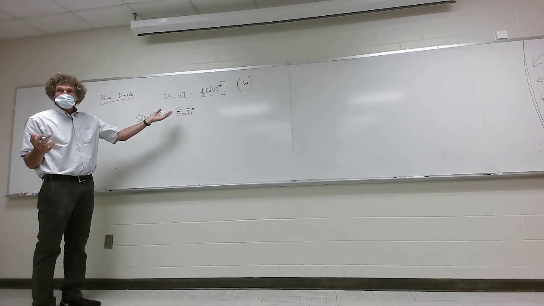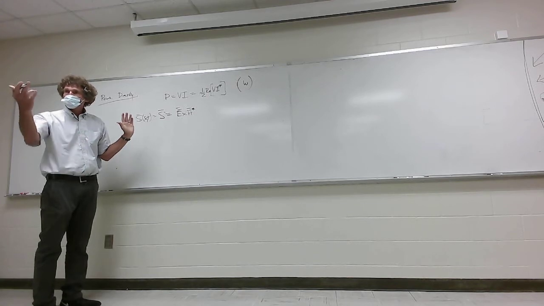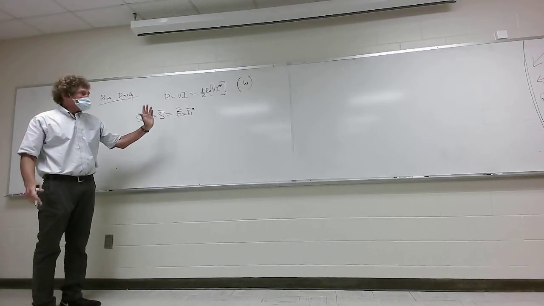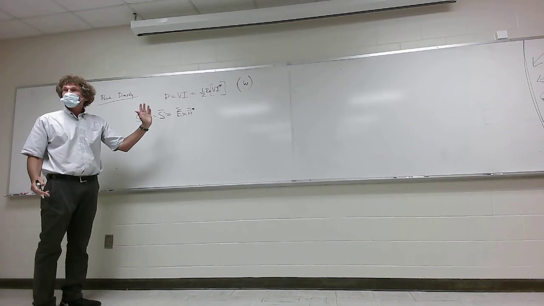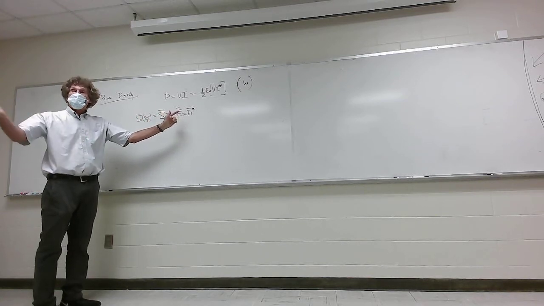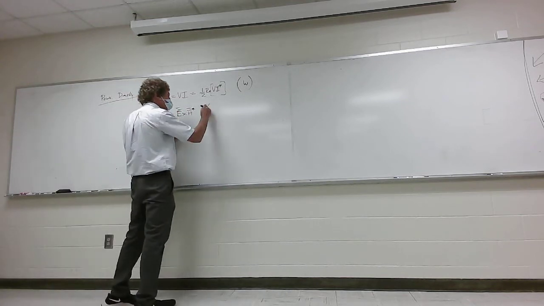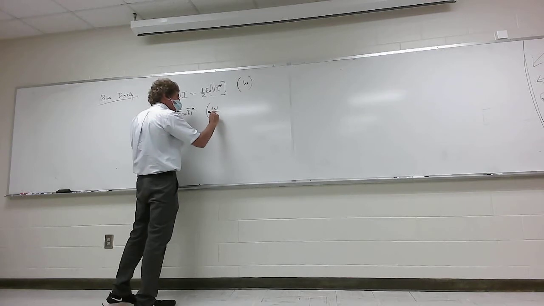Y'all follow me? Now if you have E, that's volts per meter, right? Everybody with me? E would be in volts per meter, correct? H is in, anybody? Amps per meter. So I have volt amps, watts, right? Divided by meters squared. And the units of this are watts per meter squared.